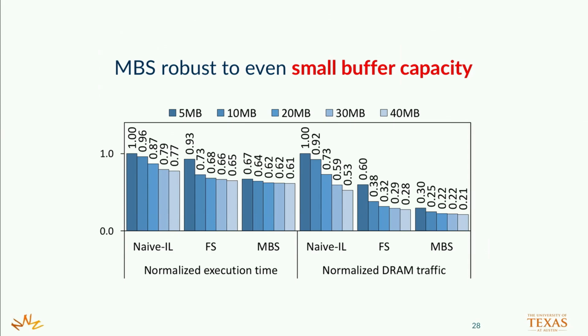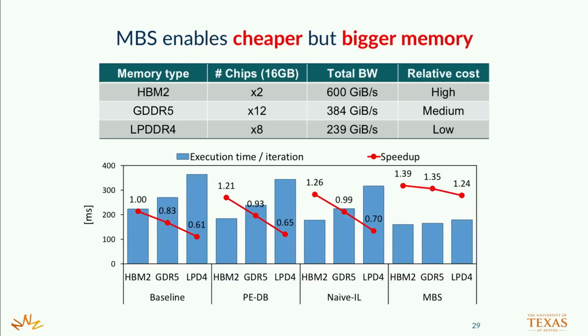Compared to the other configurations, which show much bigger degradation in performance and memory traffic, MBS shows very stable numbers, even using a small on-chip buffer space of 5 megabytes. So this carries the important message that MBS can be enabled using interlayer data reuse, interlayer locality, even using a very small on-chip buffer space. And next, we also evaluate our ideas on different memory bandwidths.